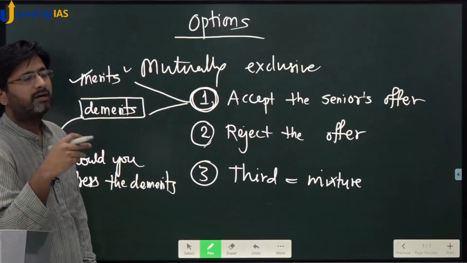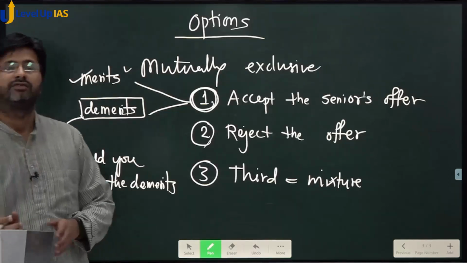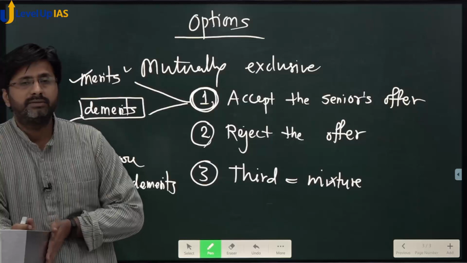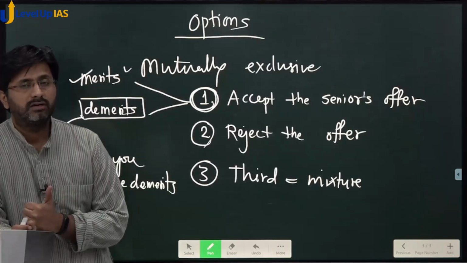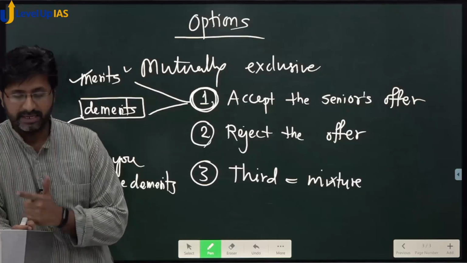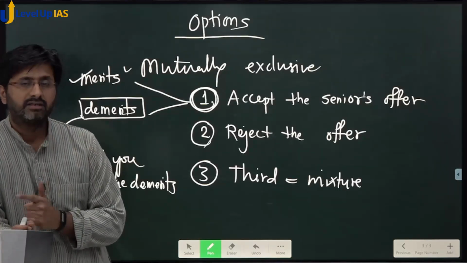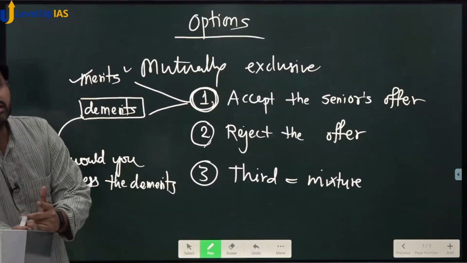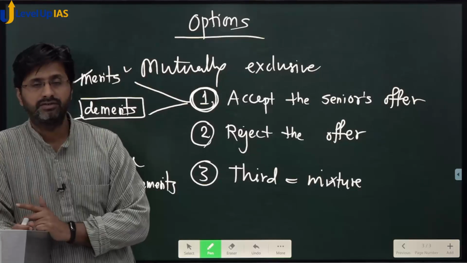Because, for example, in this particular case, if I decide to accept the senior's offer, what would be the demerits? First, you are going against your own ethics. Second, you are setting a wrong precedent. Third, you are supporting the unethical behavior of the officer.